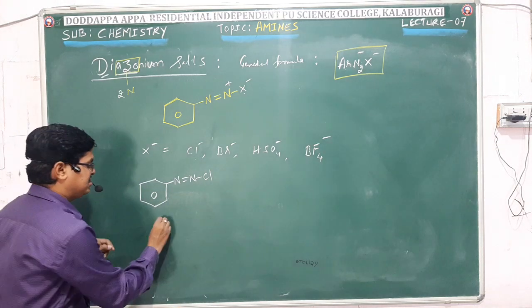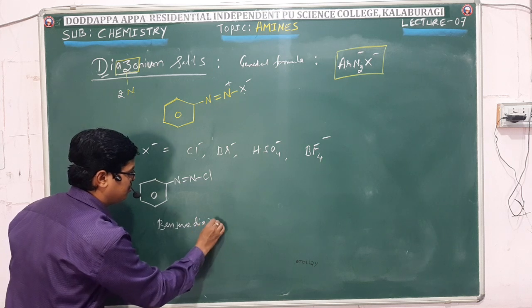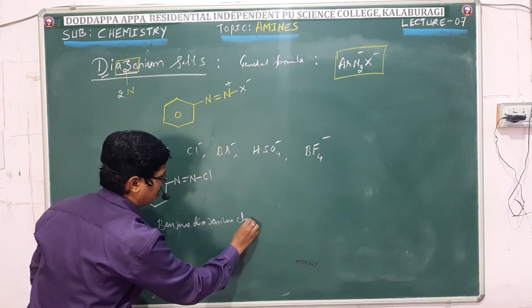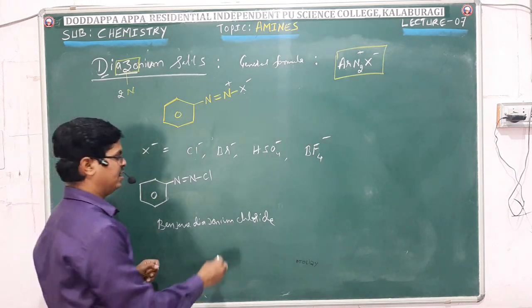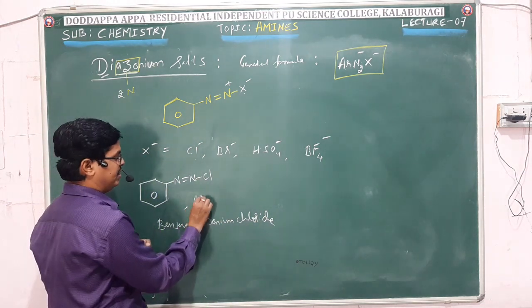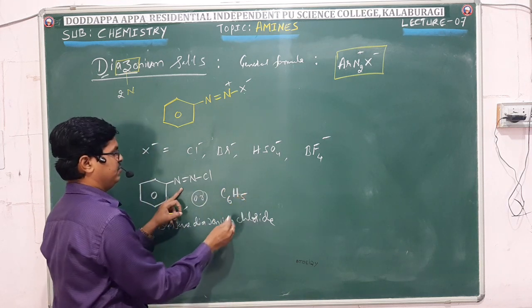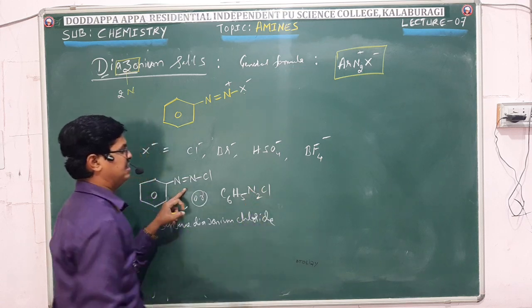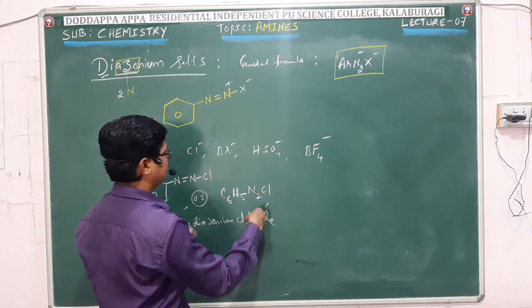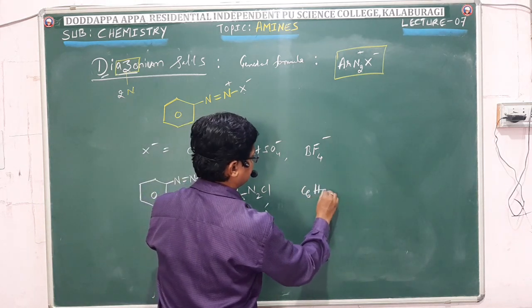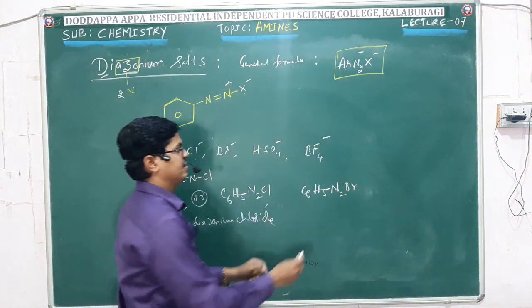This is benzene diazonium chloride. Or you can write like this also, phenyl group, C6H5N2Cl. Similarly, C6H5N2Br, diazonium bromide.